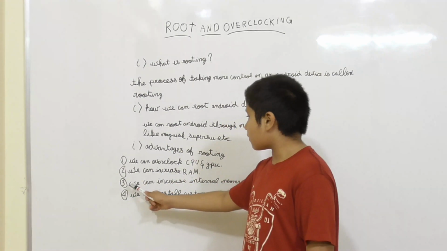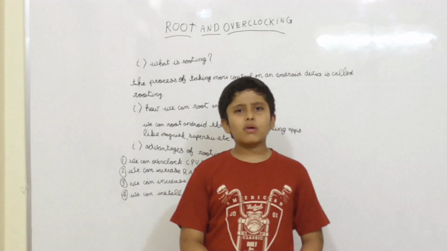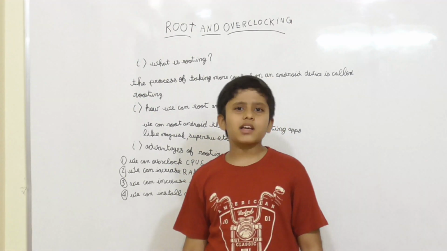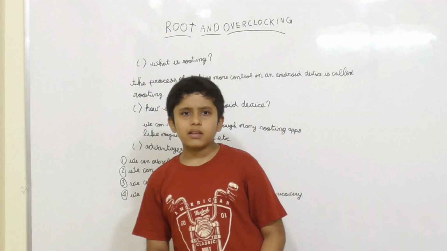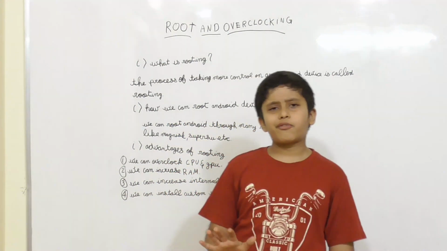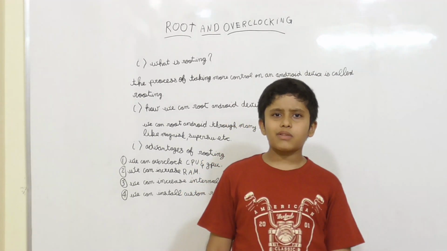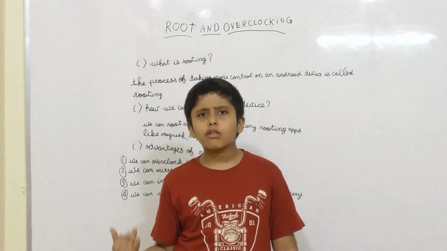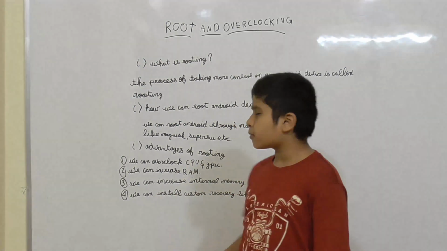So the third advantage is we can increase internal memory. Yes. When our phone storage is too low, we get very angry, right? If you have 16 gigabytes of internal memory in your phone, and one day you take only about 5 photos and 2 videos, your phone will show insufficient storage. What to do now? This also can increase internal memory through an SD card.